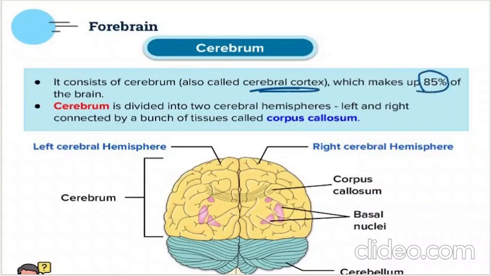So more than half of the brain is made up of cerebrum only. This is divided into two cerebral hemispheres, left and right, which are connected by tissue known as the corpus callosum.